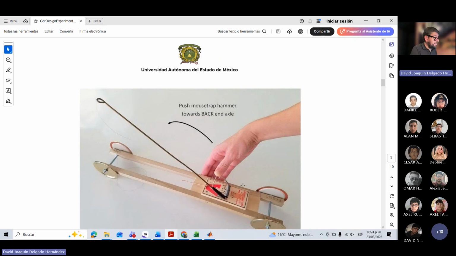The idea is that you have to push the mouse trap towards the back and the end of the axle, and somehow you have to connect this part with the axle of the wheels, in order for the car to start moving.